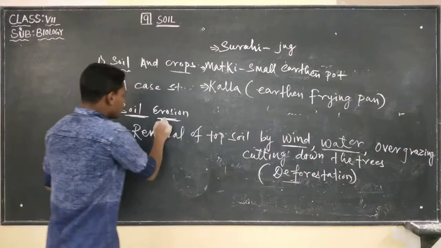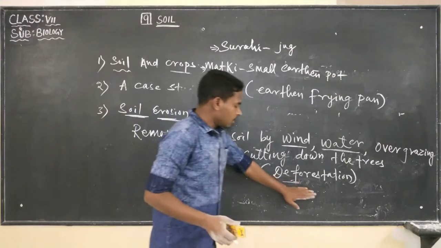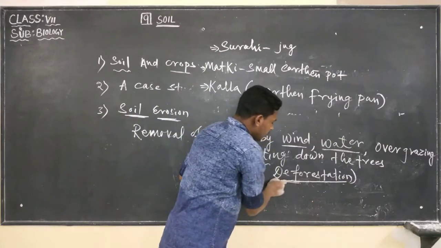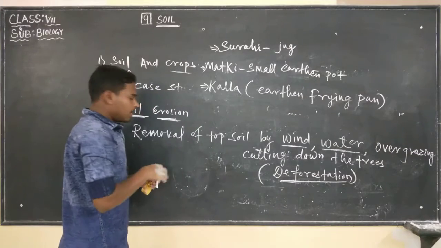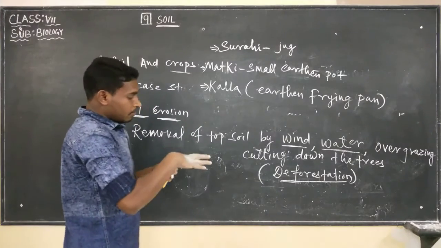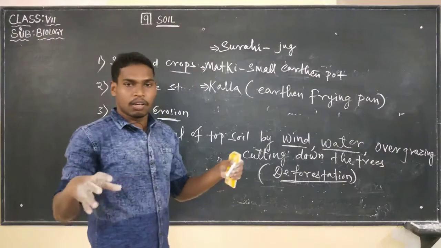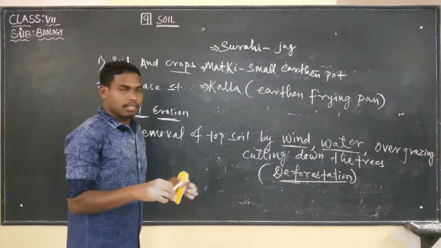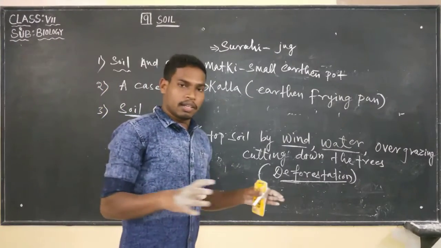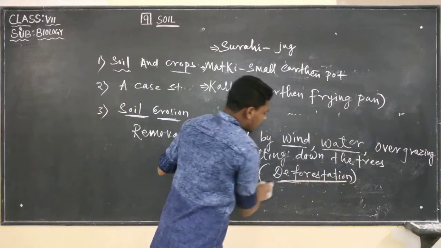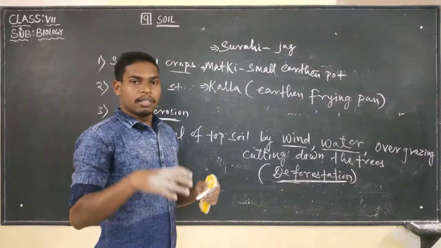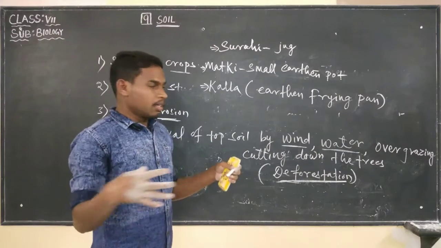Okay, we know that plants hold the soil tightly. If they hold the soil tightly, that means the soil is fixed. It does not have any loose connection among them. Okay, if the trees are cut down, then what will happen? The soil is going to lose its strength.